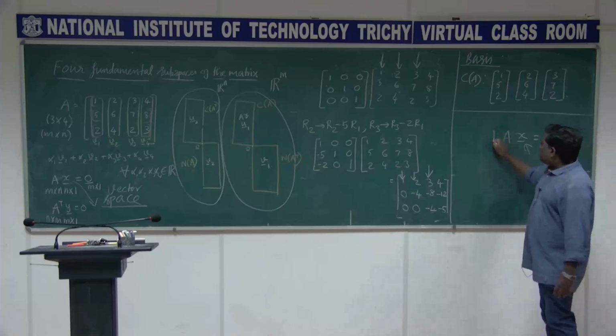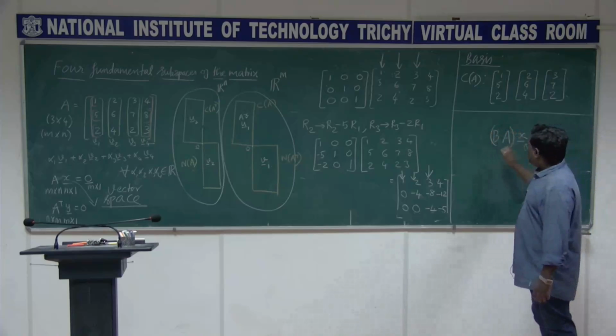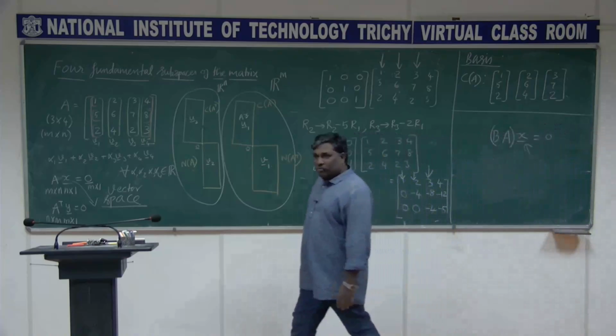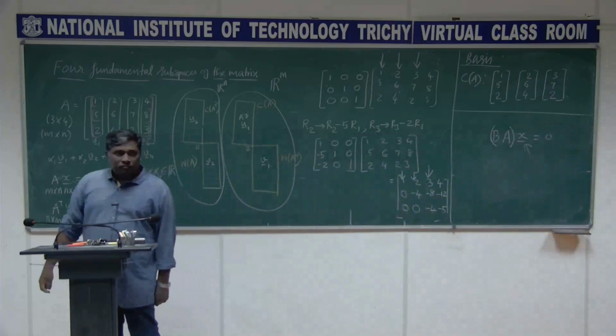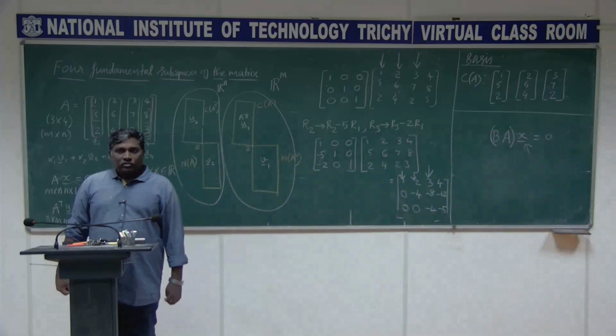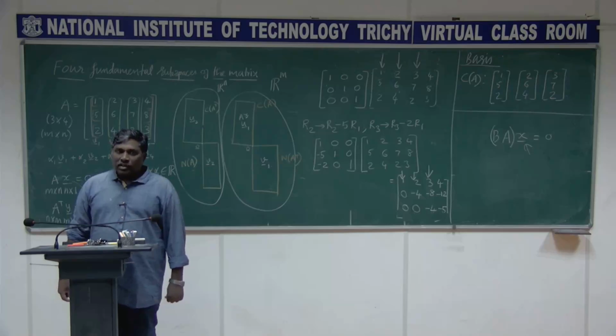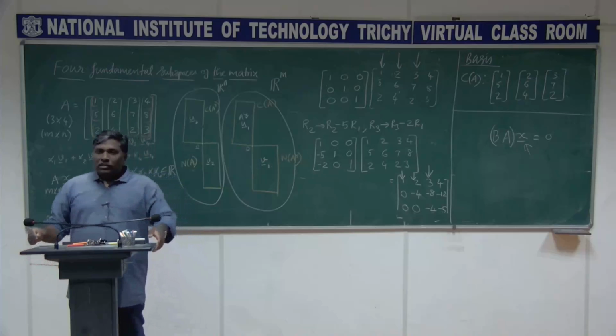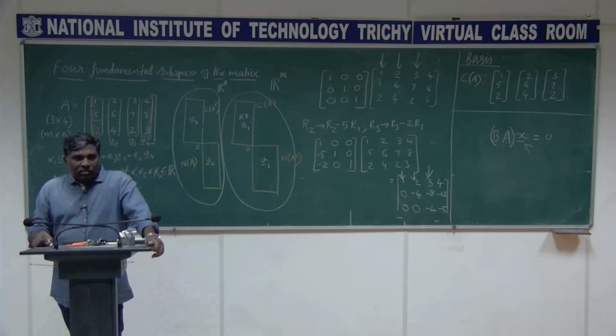If I multiply some other matrix here, B, that is also going to end up with what? 0. You understood the point? Right? So what I am trying to say here is, the null space of A is the same as the null space of what? BA.